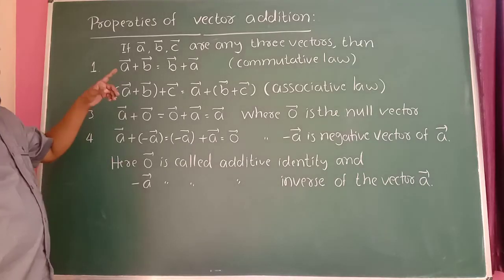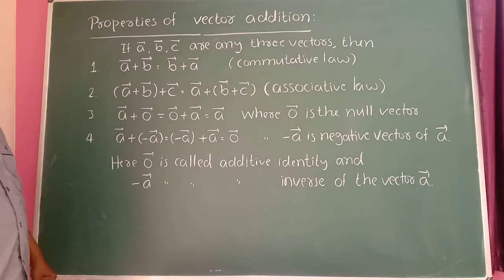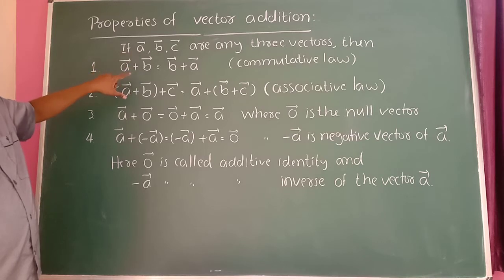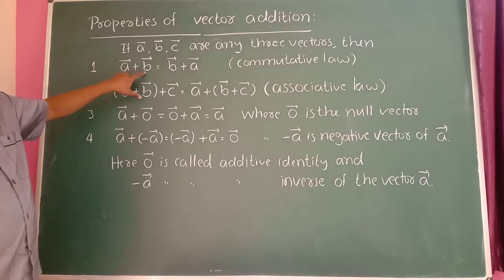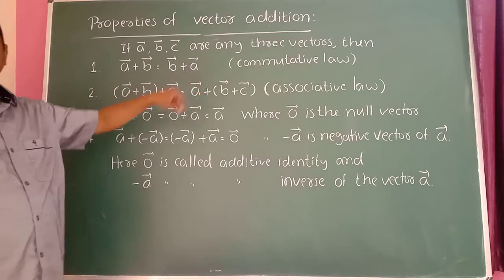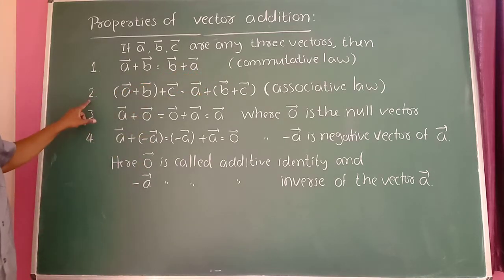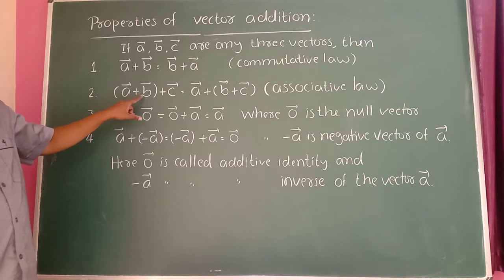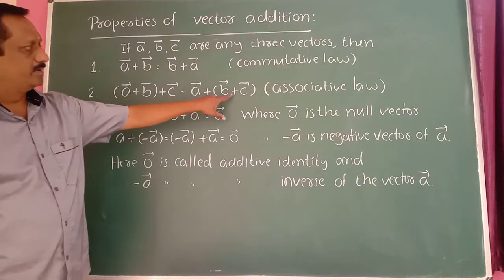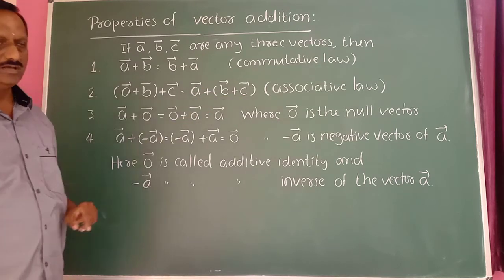Okay, so properties of vector addition. If A bar, B bar, C bar are any three vectors, then A bar plus B bar is equal to B bar plus A bar. It is called the commutative law. Second property here, A bar plus B bar plus C bar is equal to A bar plus B bar plus C bar, the associative law here.